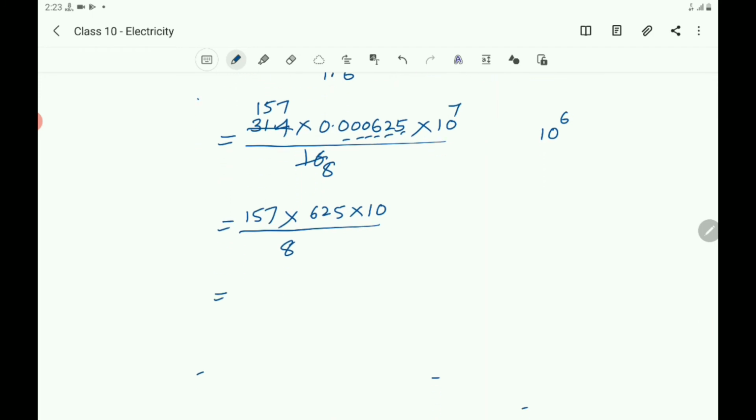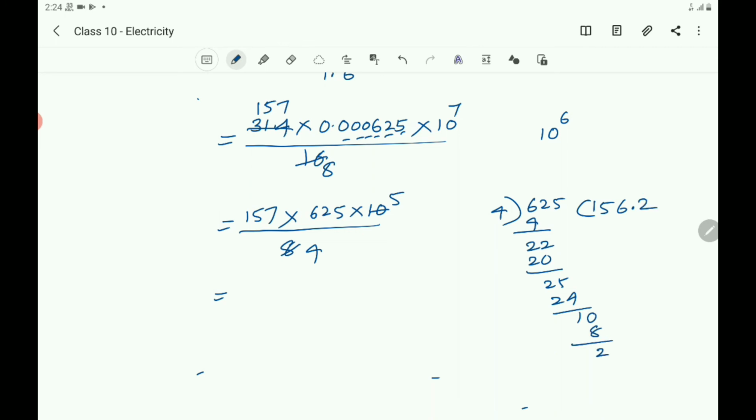Then again, 625 divided by 4: 4 1s are 4, 6 minus 4 is 2, 4 5s are 20, then 2 and 5, 4 6s are 24, 1 is remaining, then 0, 4 2s are 8, 10 minus 8 is 2, so 4 5s are 20.